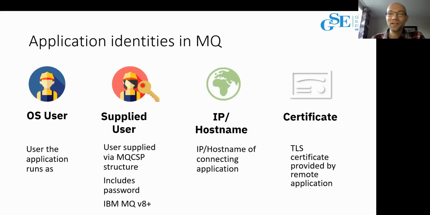The way that they do that is by specifying the user ID and the password in a data structure called the MQCSP, and they specify that structure when they issue the MQCONNX call to connect to the queue manager. Because it includes a password, that is going to be a bit more trustworthy than just going with the user ID that the client is running under on the operating system where the application is running. But anyway, those are the options that we have for how to identify the application that is connecting into the queue manager.